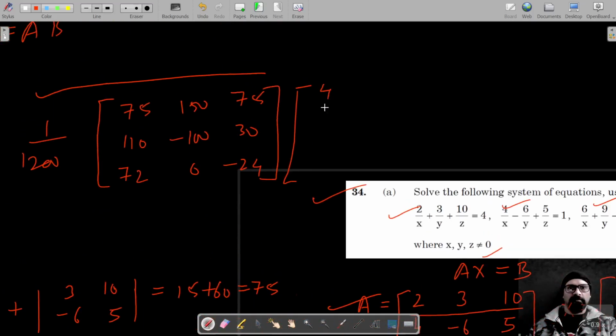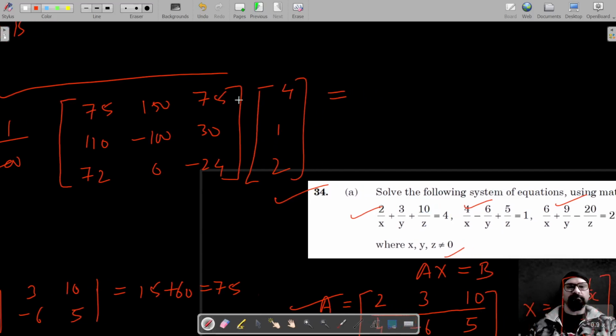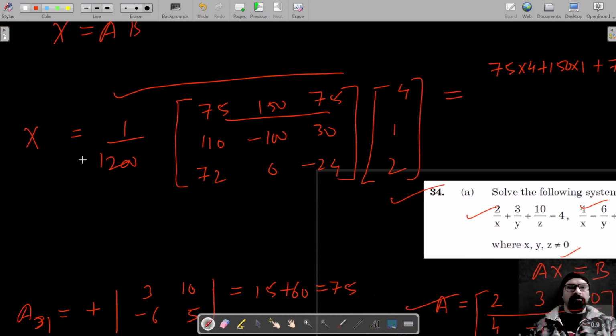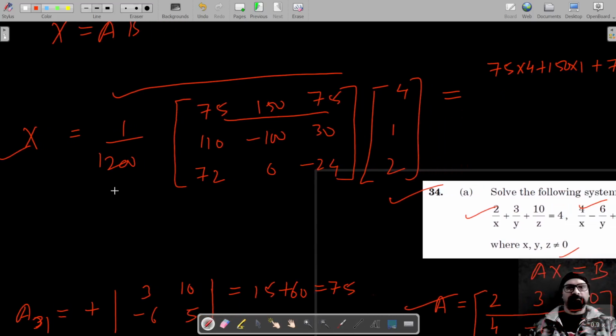So let's multiply this. The first element would be 75 into 4 plus 150 into 1 plus 75 into 2. I'm finding out X.